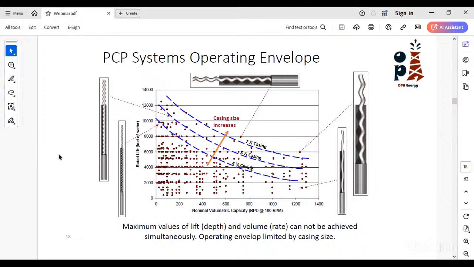Okay, this is a very simple graph representing the relation between the net lift, or the dynamic head, and the flow rate. If you have dealt with ESP systems before, you have seen a graph like this. It's an inversely proportional graph representing the relationship between the fluid rate that your system can deliver and the net lift that it can withstand.